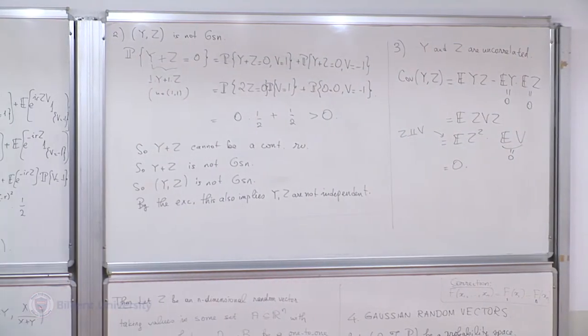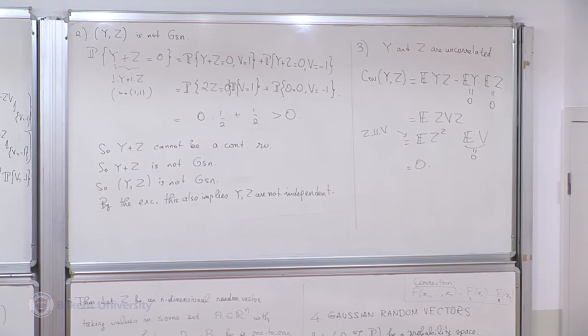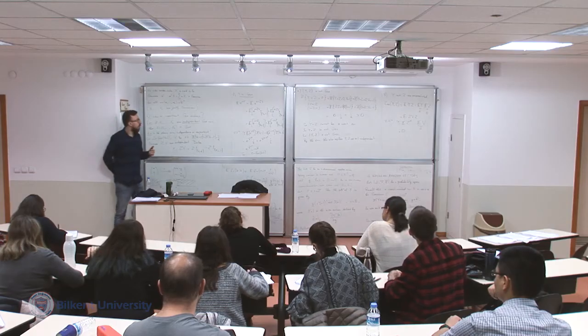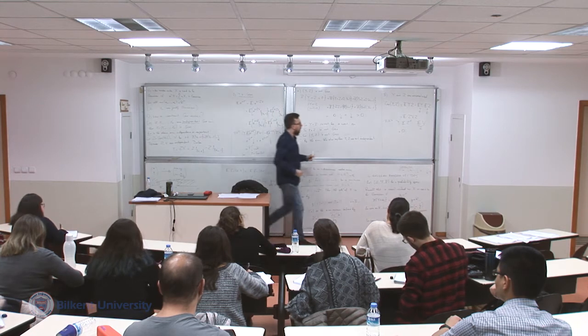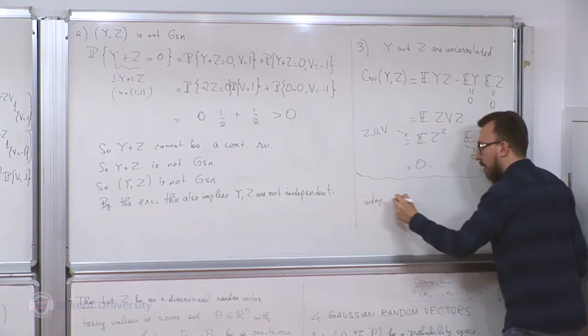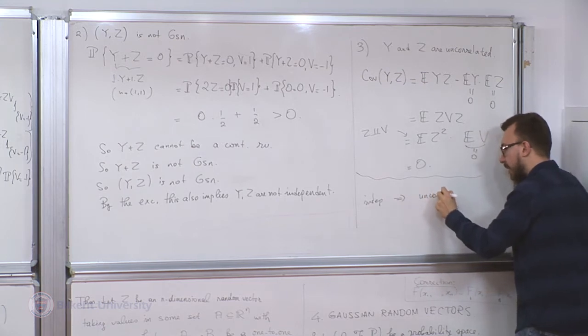So it is a counterexample for many things, right? First of all, remember if two random variables are independent, their covariance is just 0. Because, so remember, independence implies uncorrelatedness.